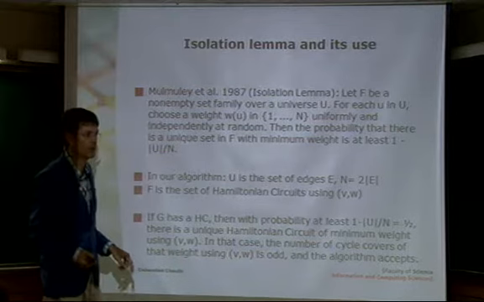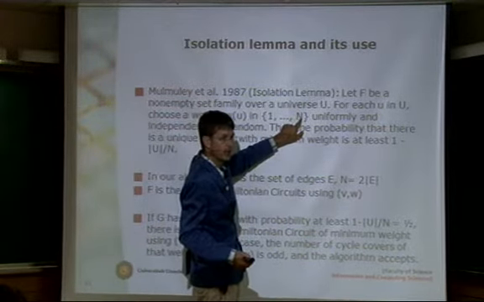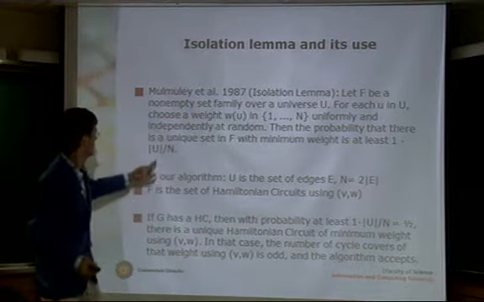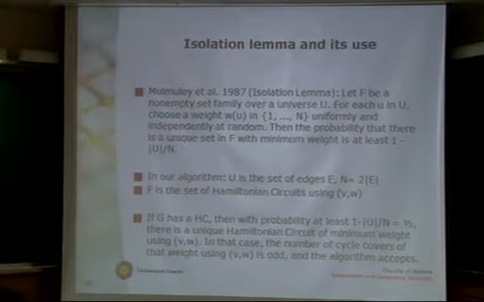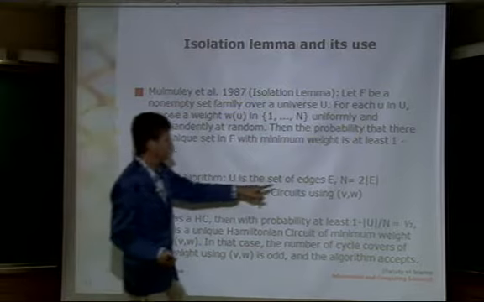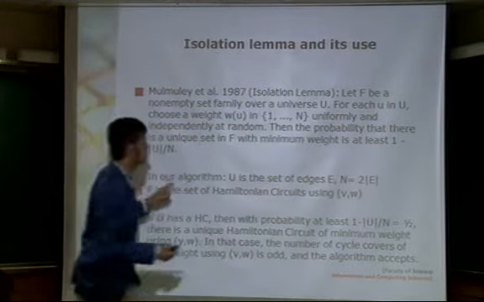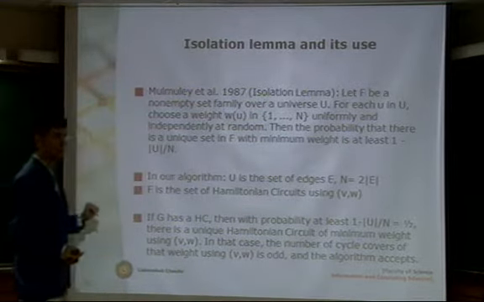In our case, U is the number of edges and N is 2 times the number of edges, so 1 minus U divided by N is 1/2.